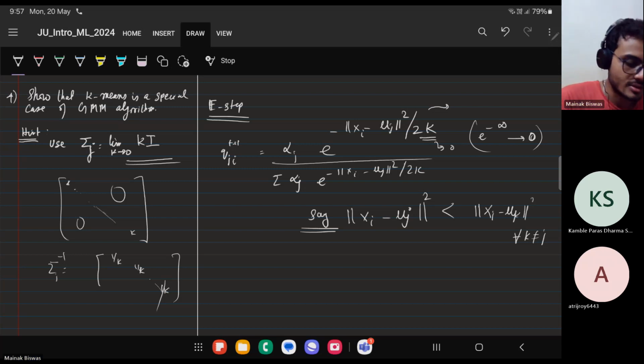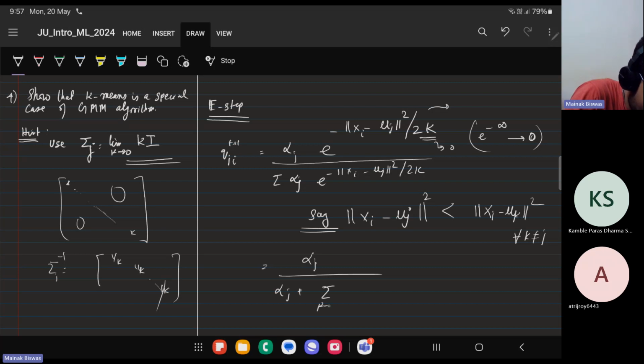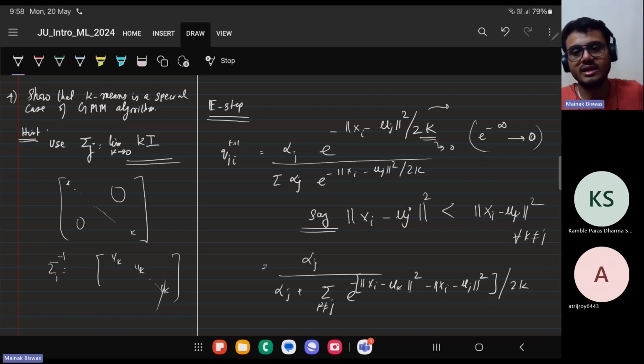What will happen? Can I write this as alpha j divided by alpha j plus the summation over k not equal to j of e to the power of minus, x i minus mu k squared minus x i minus mu j squared, divided by 2k?